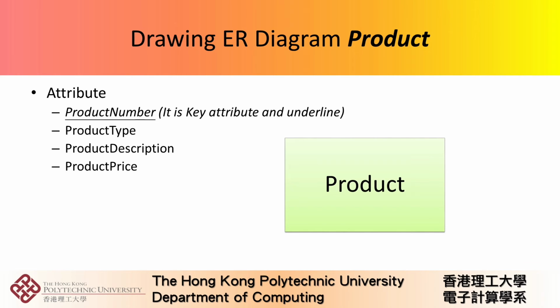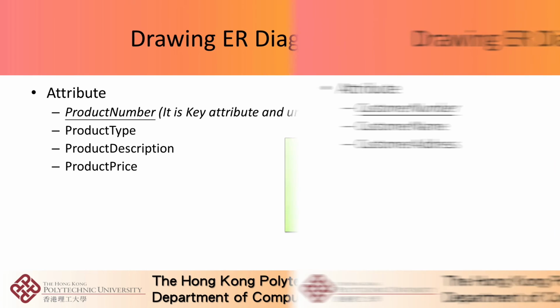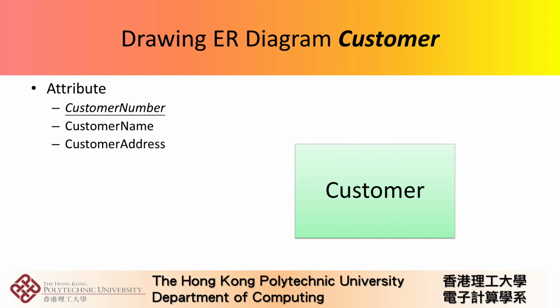The attributes of product include product number, which is the key attribute and should be underlined, product type, product description, and product price. The attributes for the entity customer should be customer number, which is the key attribute, customer name, and customer address.